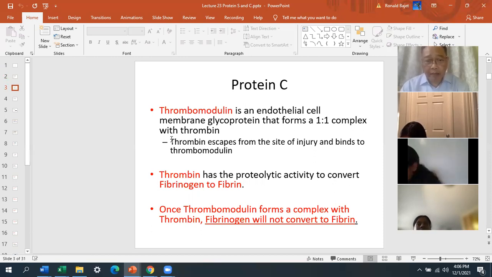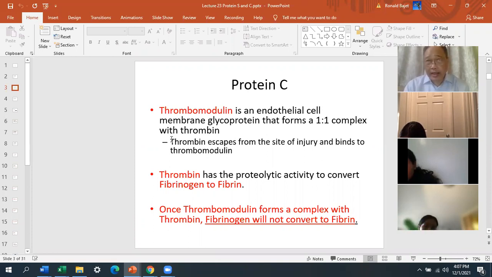And that complex is important. Thrombin escapes from the site of injury and binds to thrombomodulin. That's how thrombomodulin finds the thrombin. It'll form that 1-to-1 complex. Thrombin has proteolytic activity to convert fibrinogen to fibrin. So without thrombin, fibrinogen will not form fibrin.